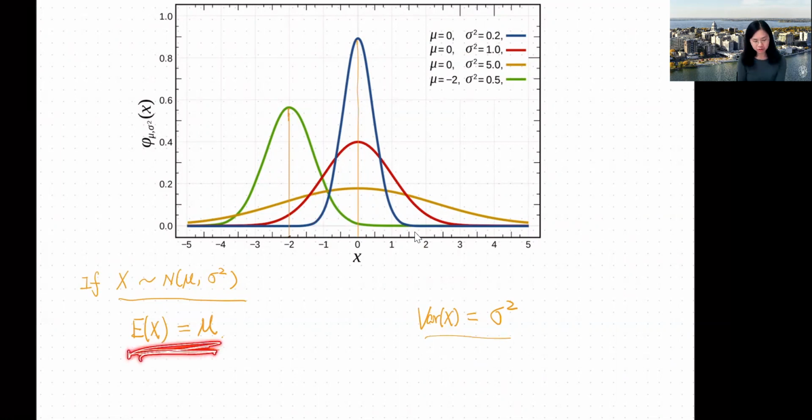It's just the usual integration of the exponential function. And deriving the variance, you use the formula for the integration of exponential function as well as integration by parts. In this course, we do not require such mathematical details, so I will not go over the derivation. But it's very easy to remember that the first parameter mu is the mean of the normal distribution, is the expectation of the normal distribution. And the second parameter is the variance of the normal distribution.